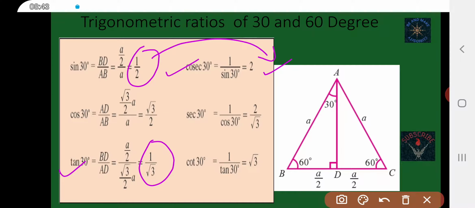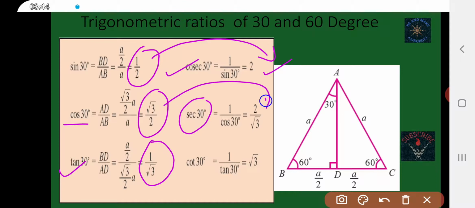Then sec 30 degree is reciprocal of cos 30 degree. So reciprocal of root 3 by 2 is what? 2 by root 3. So sec 30 degree is equal to 2 by root 3.